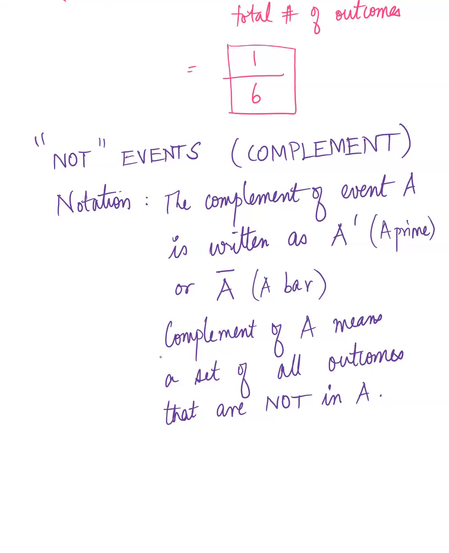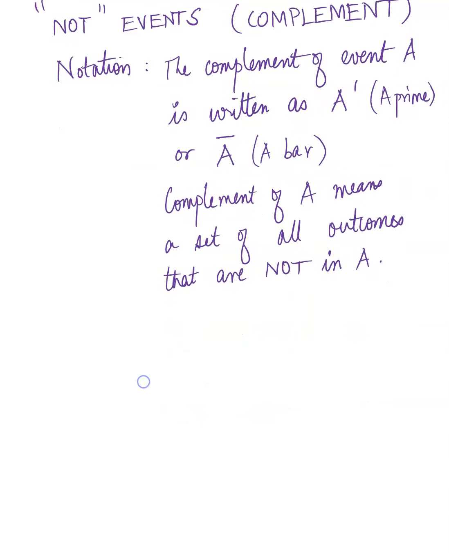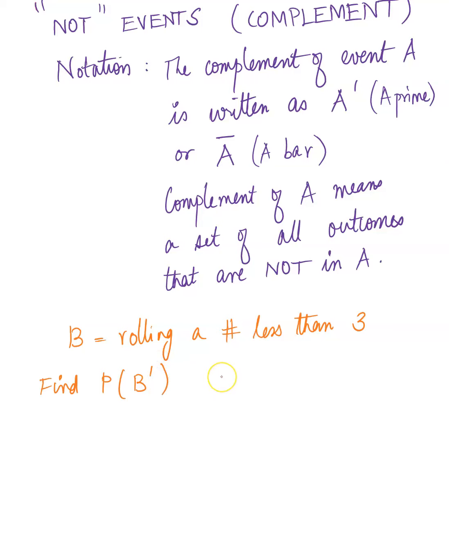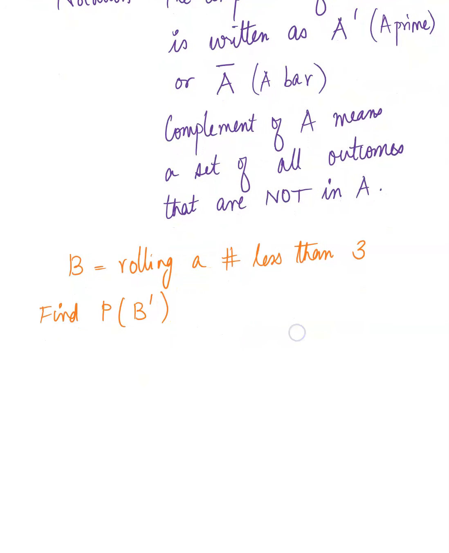Alright, so let's say we used B previously, so I'm going to use that. B was rolling a number less than 3, right? That's what we used. So if I wanted to find B complement, or in other words, they said find probability of B complement. I'm using the prime notation. Feel free to use the bar notation based on what you see in the instruction.